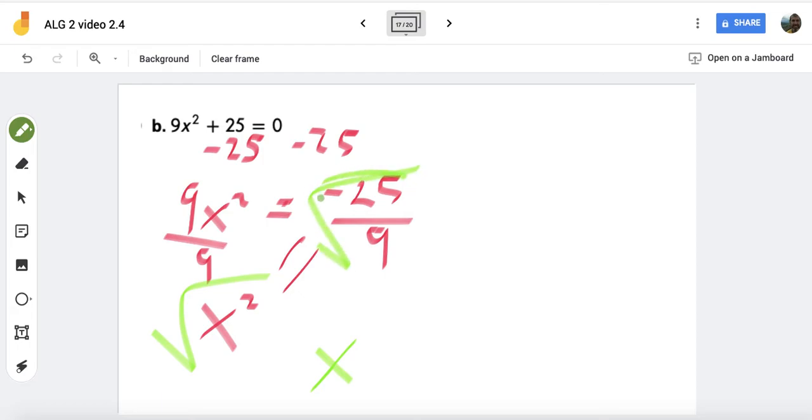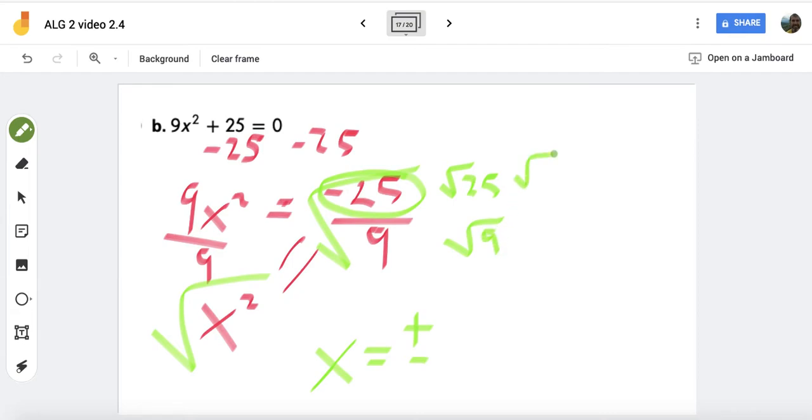Keep in mind, that can be 25 times negative 1. So I just have to take the square root of 25, which is 5, and the square root of 9, which is 3. x equals positive or negative. Probably should show my work. All right, this would be the square root of 25. This is the square root of 9.